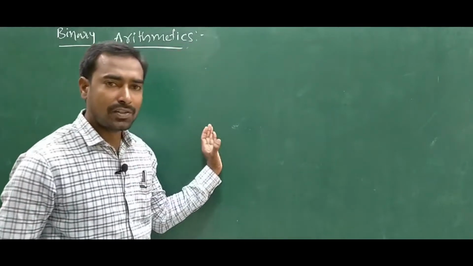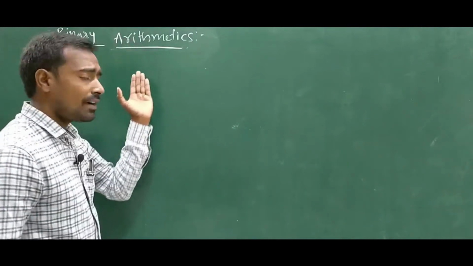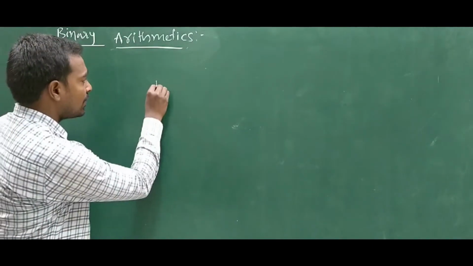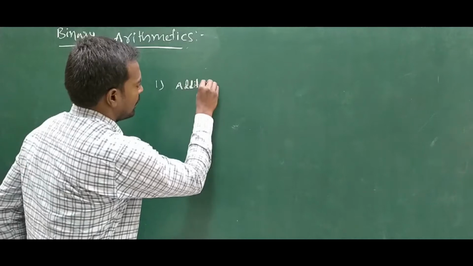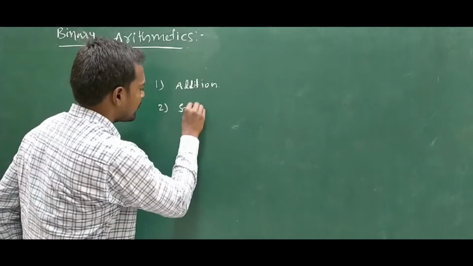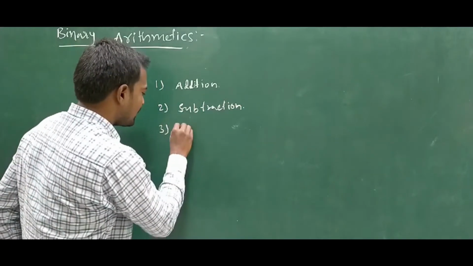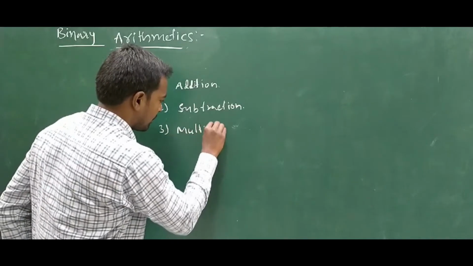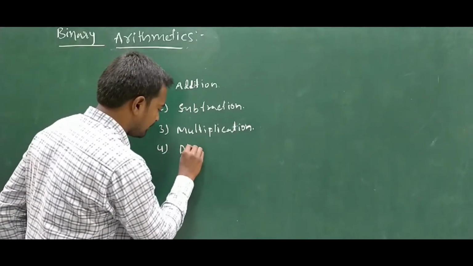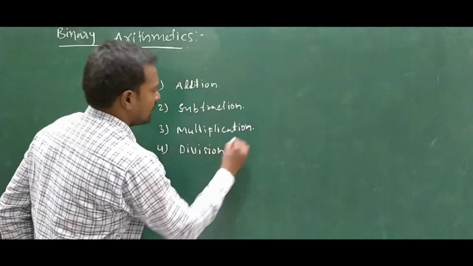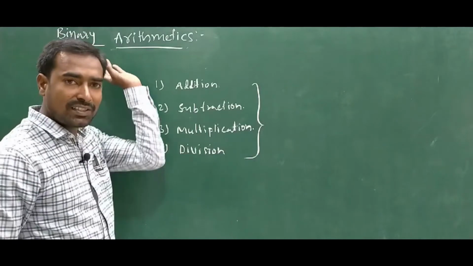The binary number system has a base or radix of 2, and the binary arithmetic operations are: first one, addition, second one, subtraction, third one, multiplication, and fourth one, division. All these arithmetic operations will be performed by using the binary digits.